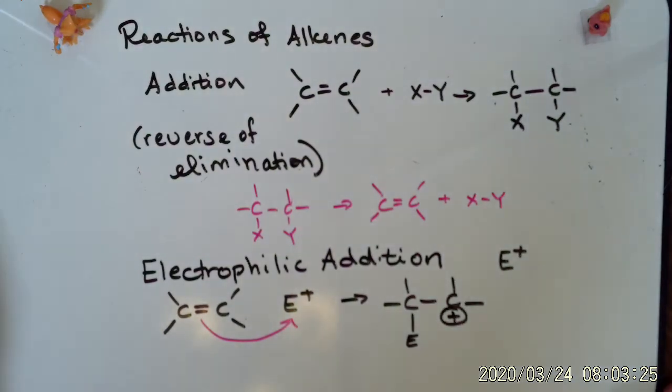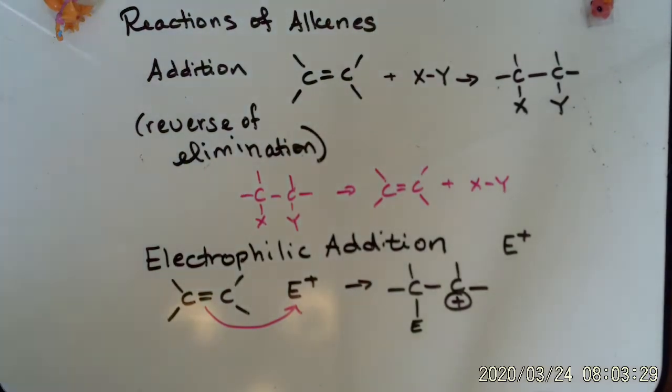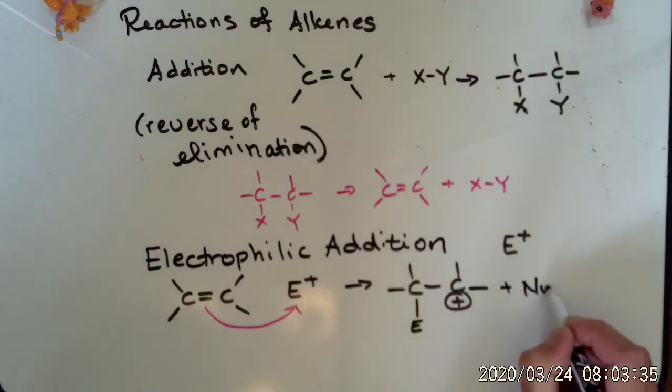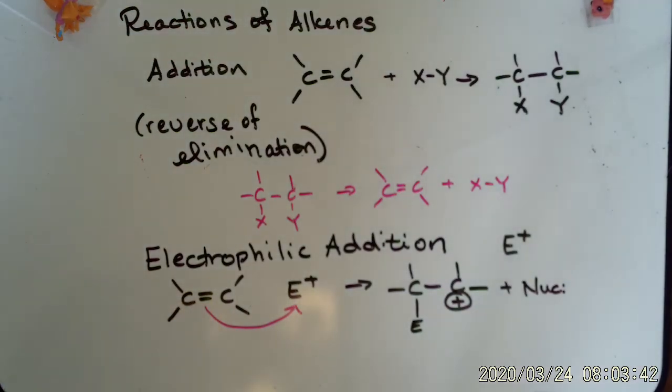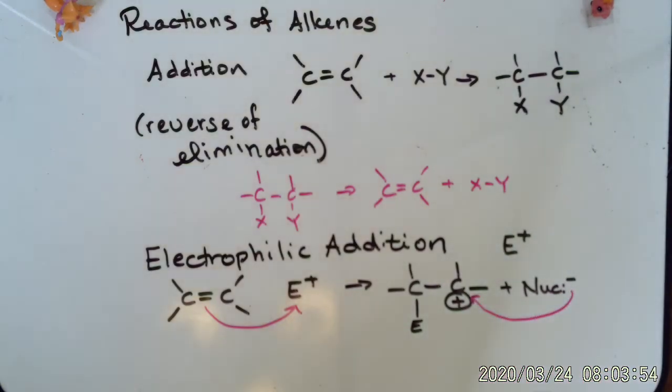The next step then is, how do I add the next part? I take my carbocation and I add in my nucleophile. My nucleophile will be attracted to the carbocation.